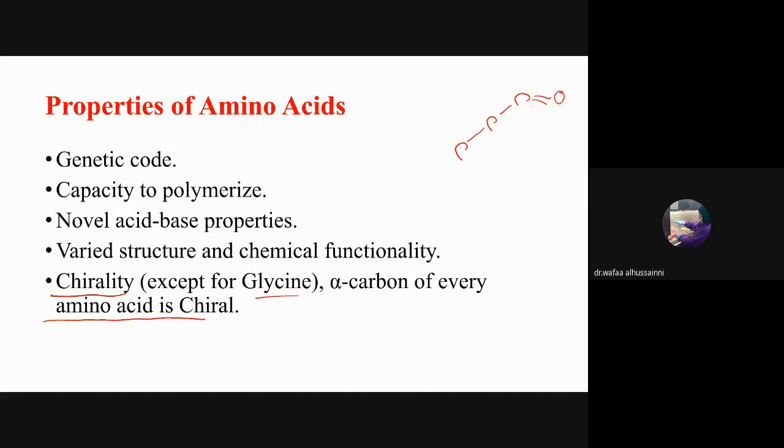Here it's going to be a double bond O. So this is the alpha carbon, and like your colleague said, it is not chiral, it is achiral because it's not connected to four different groups, it has two hydrogens connected to it. Okay, right.